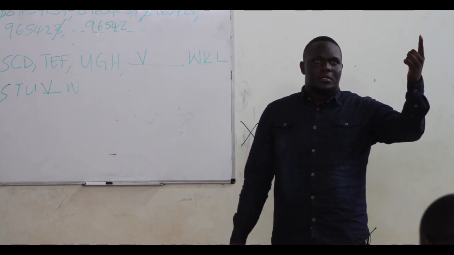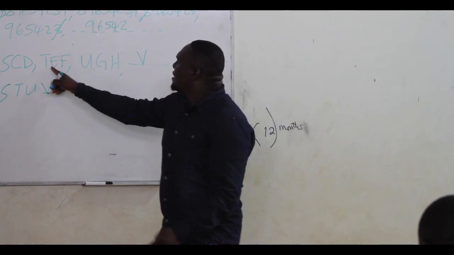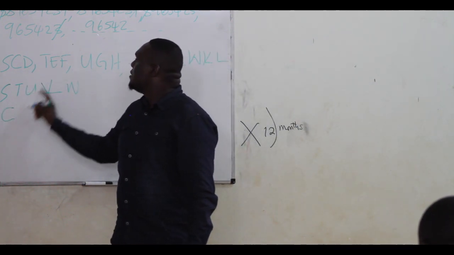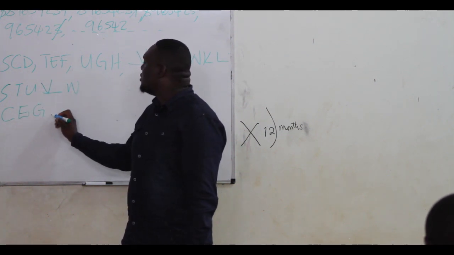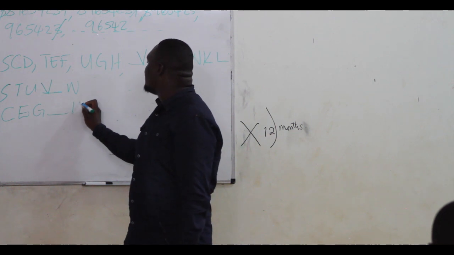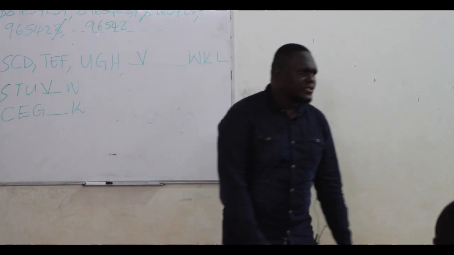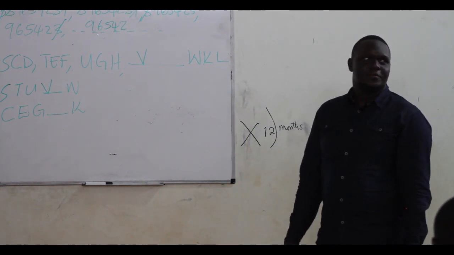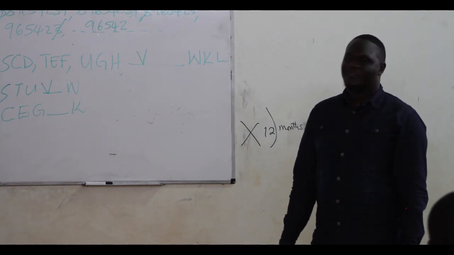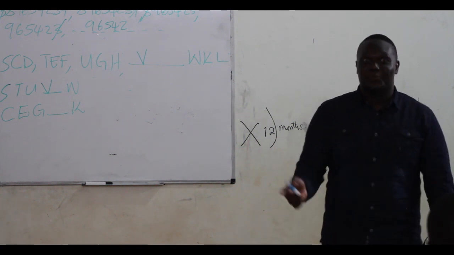Letters in the second position. The letter in the second position here is C. The letter in the second position here is E. The letter in the second position is G. Then the one we are looking for, and then K. Do they have a relationship? Now you skip one. Amazing.